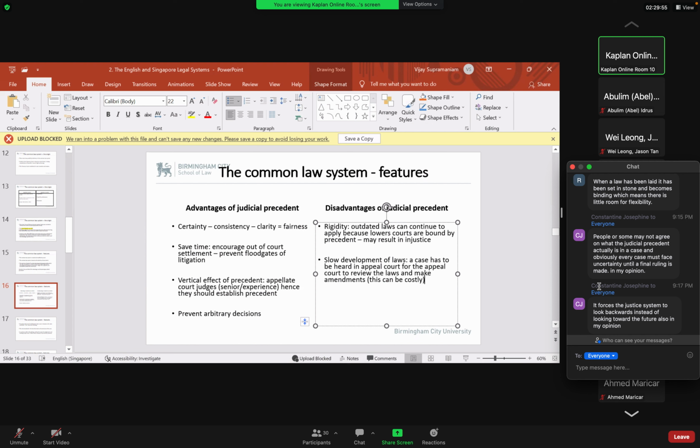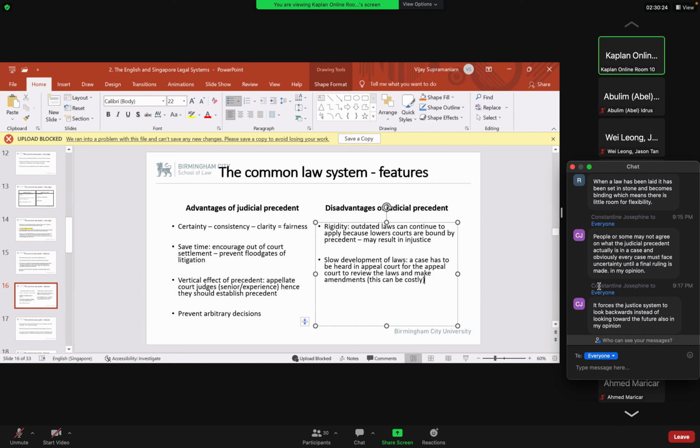Because the appeal process can be costly, many will not even bother to appeal, and as a result the outdated common law will continue to apply. Yeah, it forces the system to go backwards. That's a very good point, because you're applying the outdated law. You're not looking at the future here.